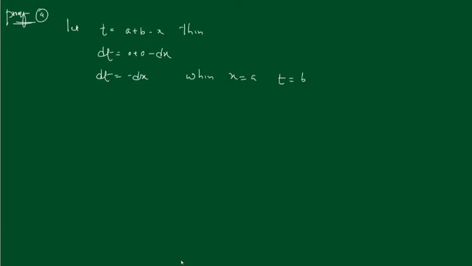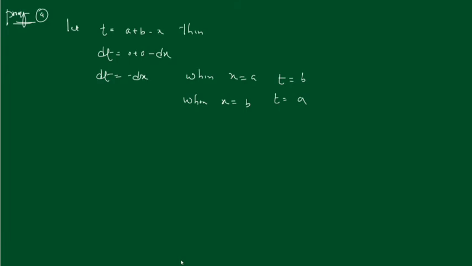And when x equals b, t equals a, from t equals a plus b minus x. So when x equals a, t equals b. When x equals b, t equals a, right?